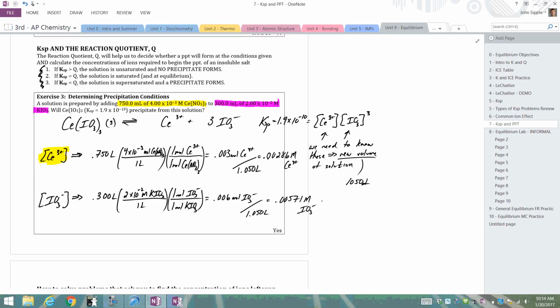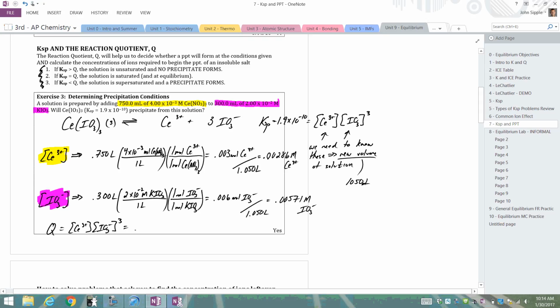Okay, so now we can calculate Q. Now we're ready to figure out where we're at here. So Q is equal to the concentration of cesium ions times the concentration of iodate ions cubed.